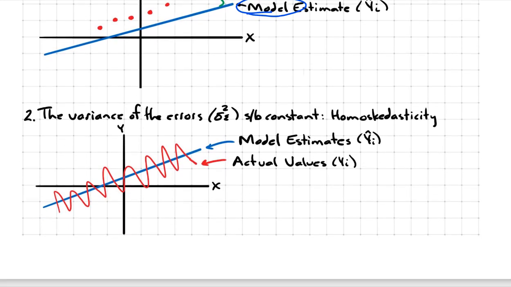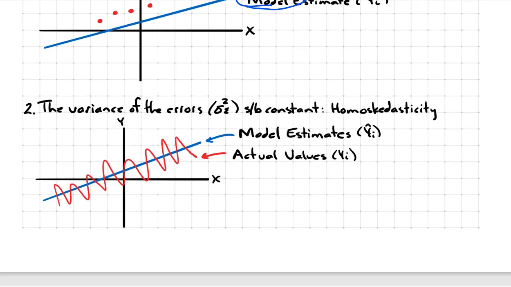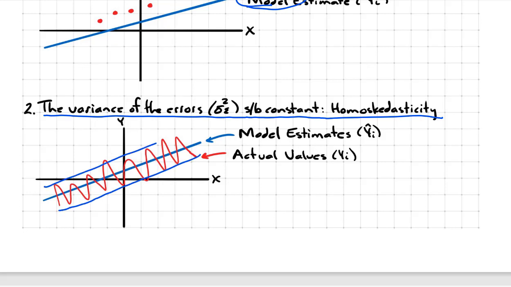What's the second set of conditions we need to see with the errors? The variance of the errors should be constant, referred to as homoscedasticity. And here's what a good model would look like. So if you look at the variance, it's pretty consistent around the regression line.